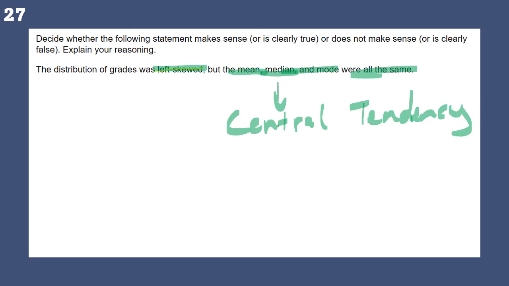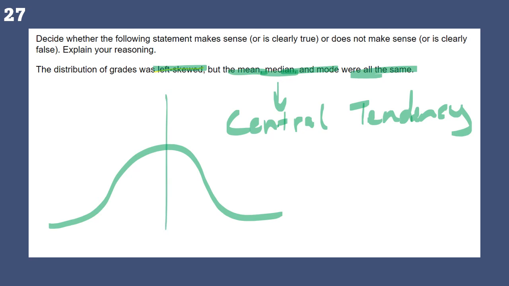Since we're talking about grades, I'm going to make a little bell curve. If I told you that the mean was right in the middle, the median was right in the middle, and the mode was also right in the middle, then you would probably expect it to be symmetric.